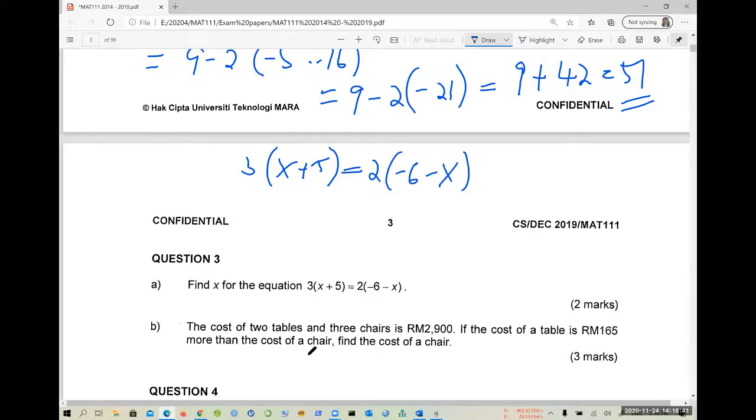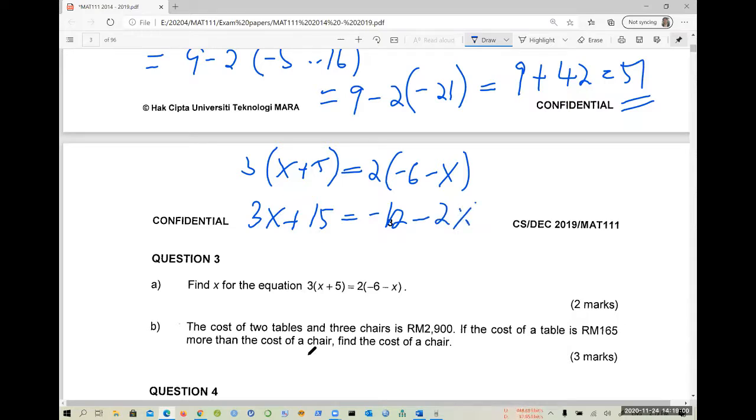So what you need to do is to expand and then solve for the value of x. So you have 3x plus 15 equal to 2 times negative 6, you get negative 12 minus 2x.